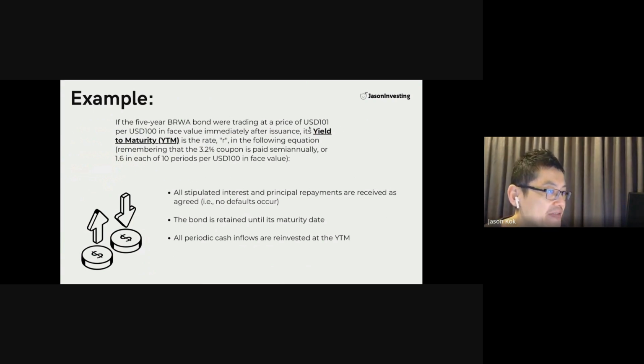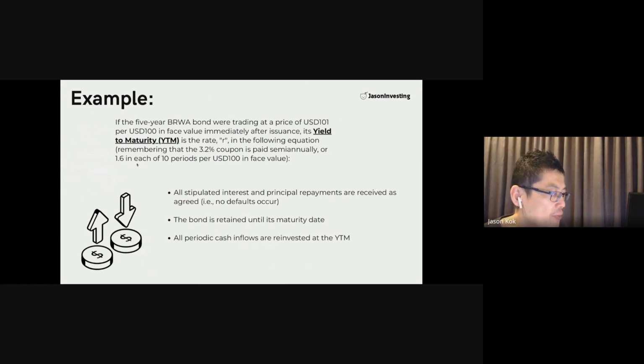If your bond coupon rate is exactly the same as the market rate, it will be priced at par. So when they issued at par, it immediately went up to 101 because the interest rate dropped. For the yield to maturity in the following equation, in this case, there is a 3.2% annual coupon, but it's paid semi-annually, which means it will be divided by 2, or 1.6.